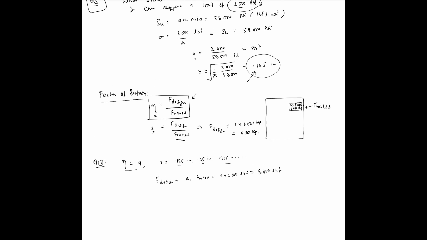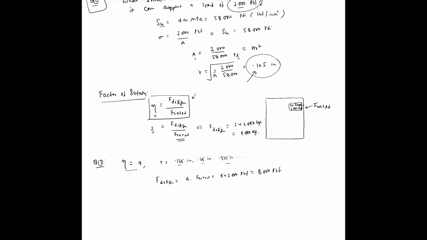So the design load would be equal to 4 times the rated load, right? So rated load is 2000, so that will be 4 times 2000 pound force, and that is 8000 pound force, right?